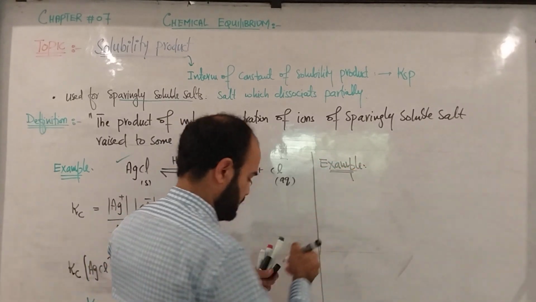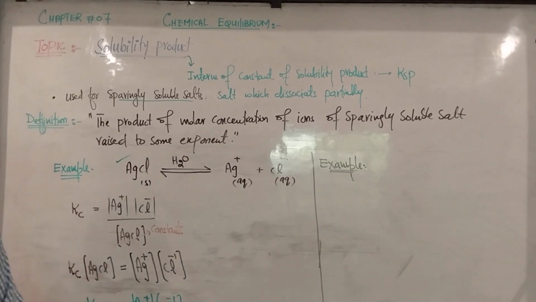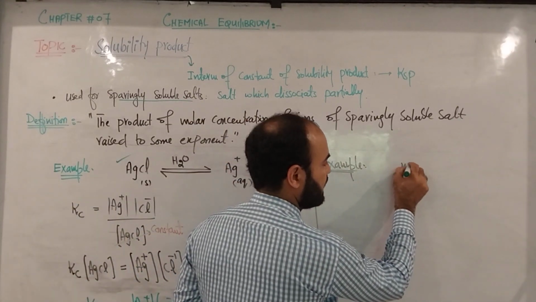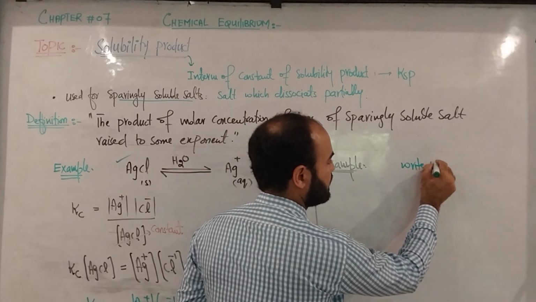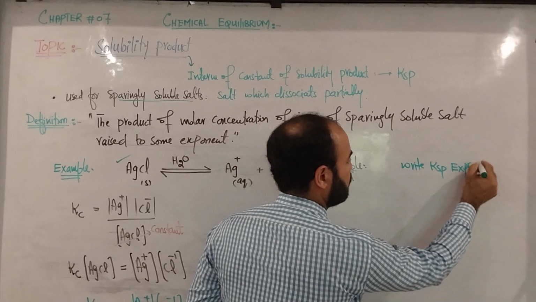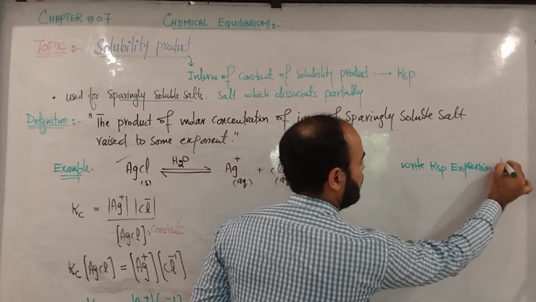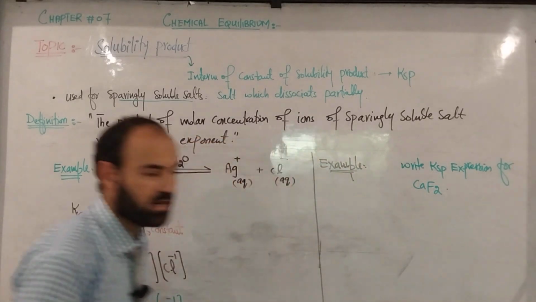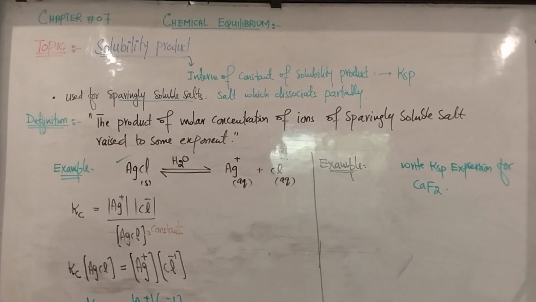For example, there is a question: write the Ksp expression for the salt calcium fluoride. So how do we write that?